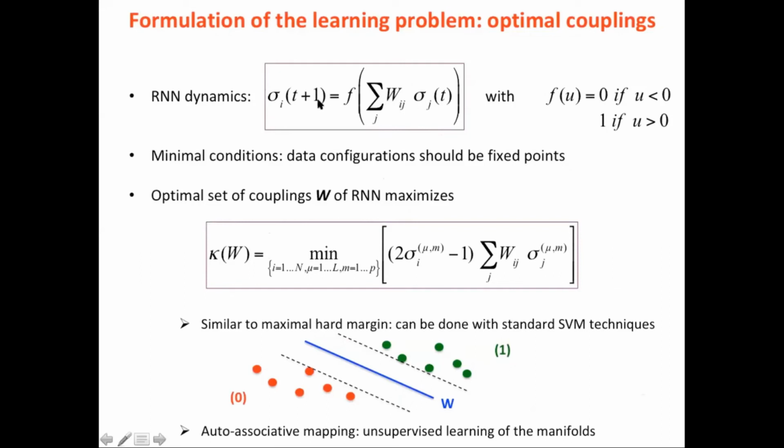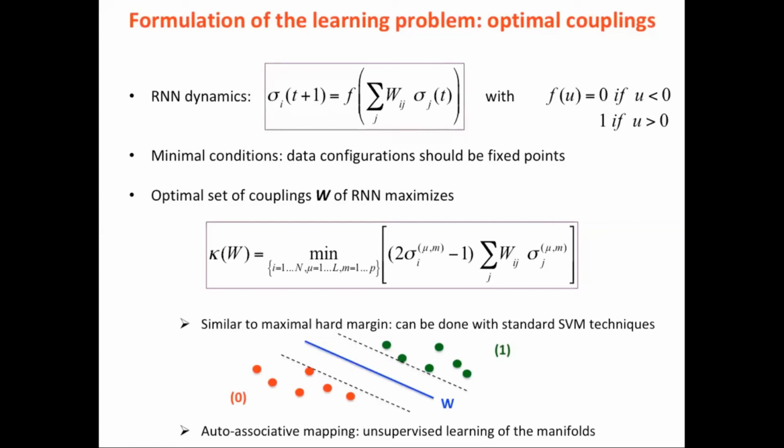The activity of neuron i at time t plus 1 will be 1 if the argument is larger than 0, and 0 if it's smaller than 0. You can insert some temperature, so instead of a 0, 1 step function, you can have some kind of hyperbolic tangent function, with some finite slope equal to 1 over temperature.